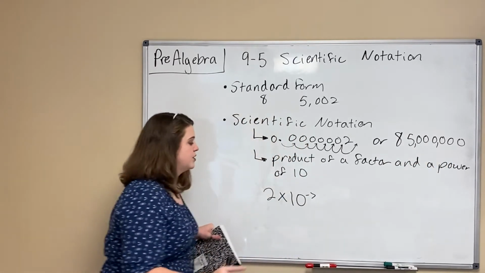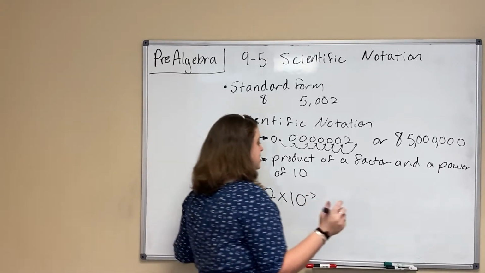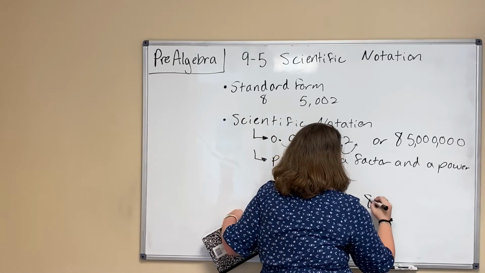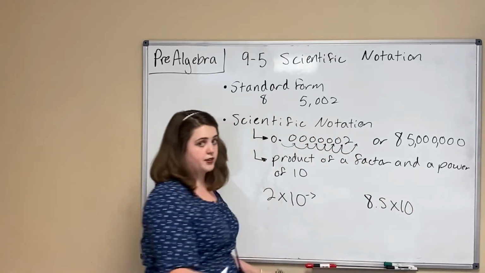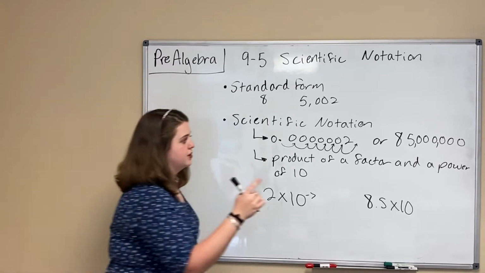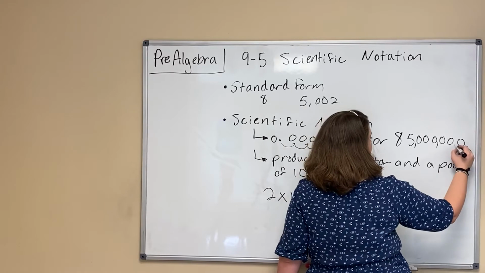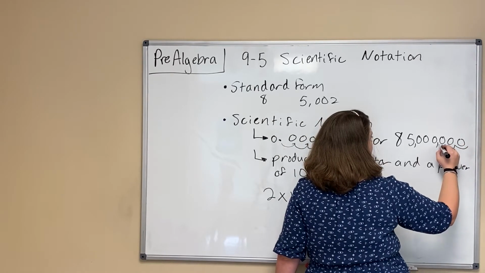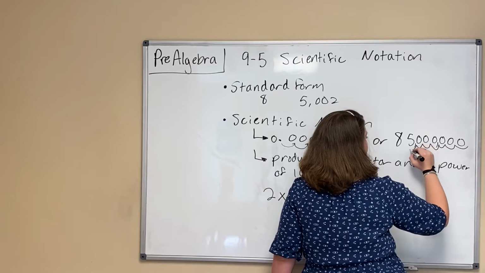We'll try it with a big number this time, 85 million. Again, I want to get it to where there's just one number to the left of the decimal place. So I want it to end up looking like 8.5 times 10 to an exponent. To figure out what exponent that is, I need to figure out how many times I moved my decimal place. 1, 2, 3, 4, 5, 6, 7.